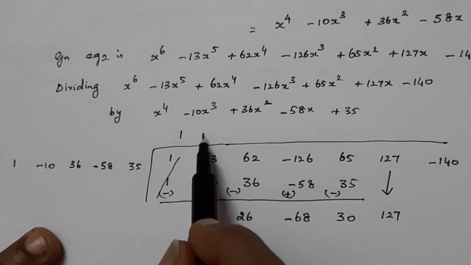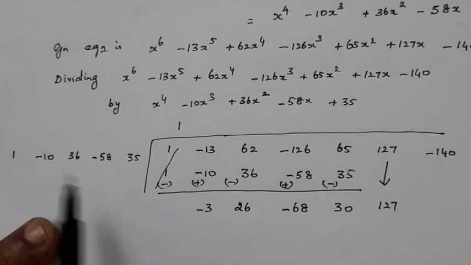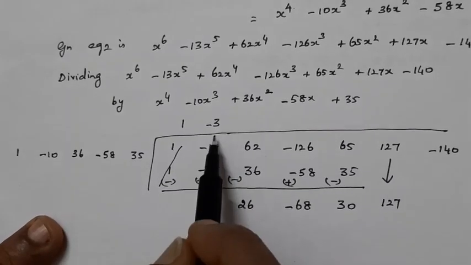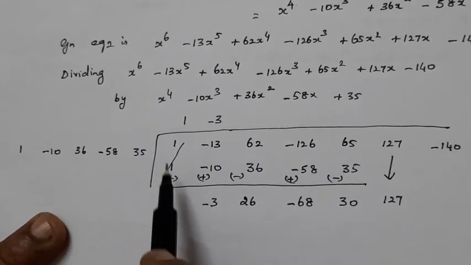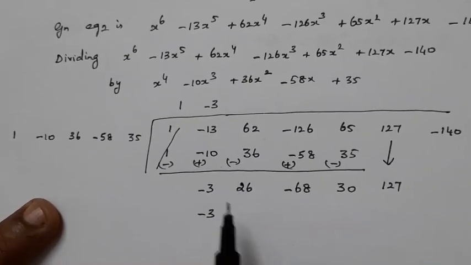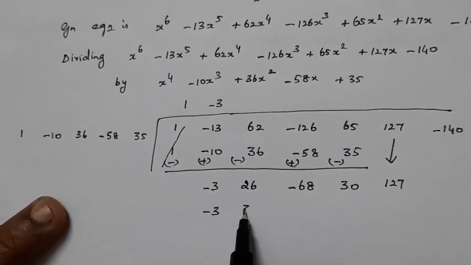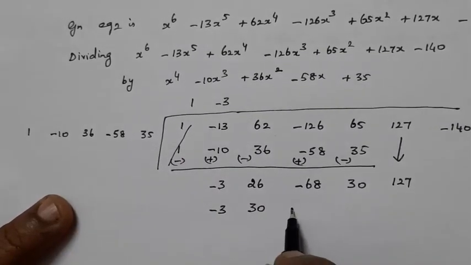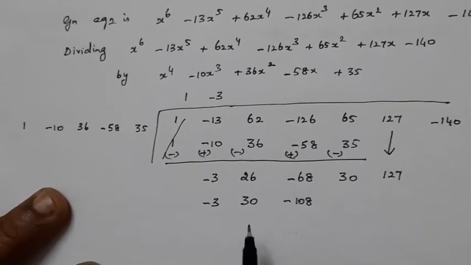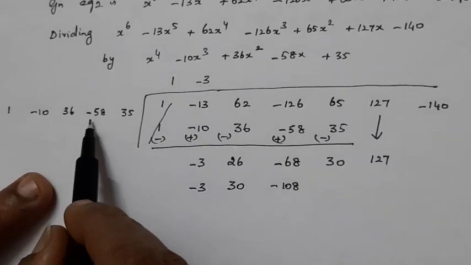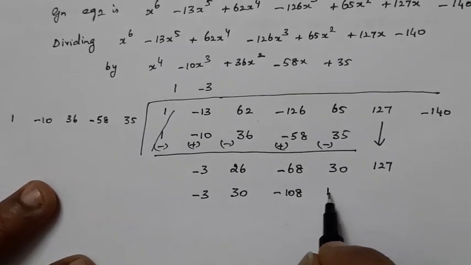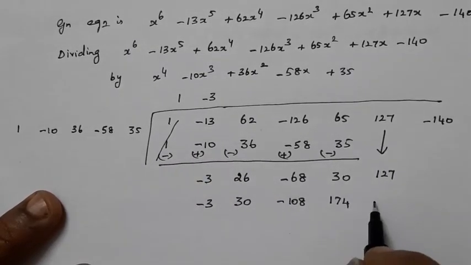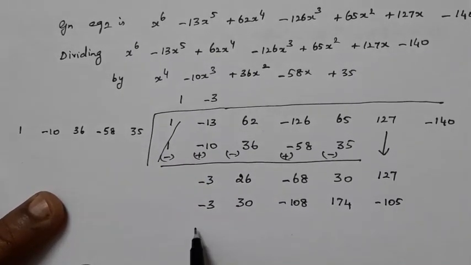To get the next term of the quotient, again divide the first term by the first term. So -3 divided by 1 is -3. Now let us multiply -3 throughout here. -3 into -10 is +30, -3 into 36 is -108, -3 into -58 is 174, and -3 into +35 is -105.